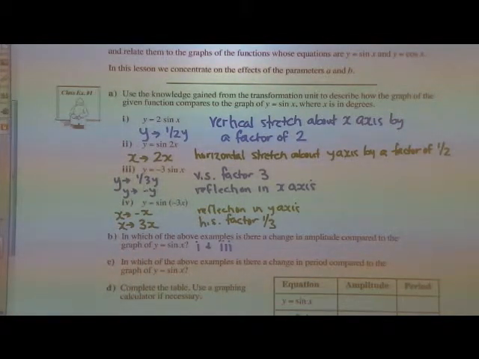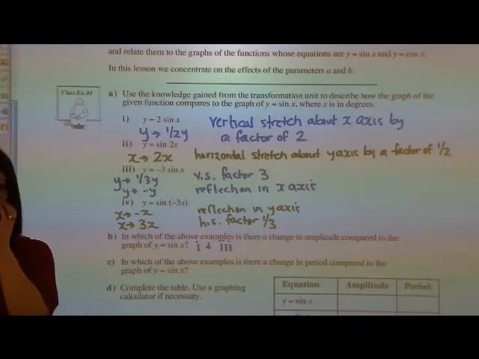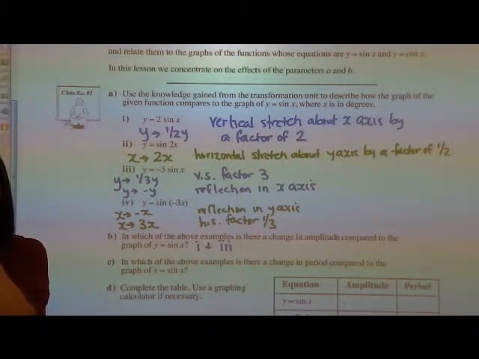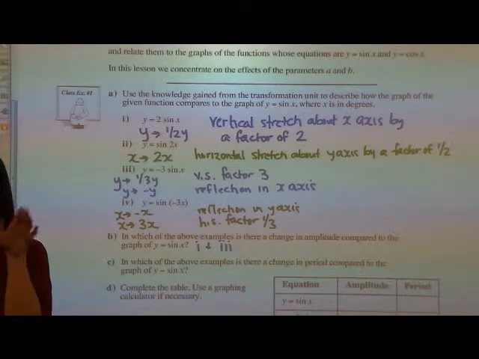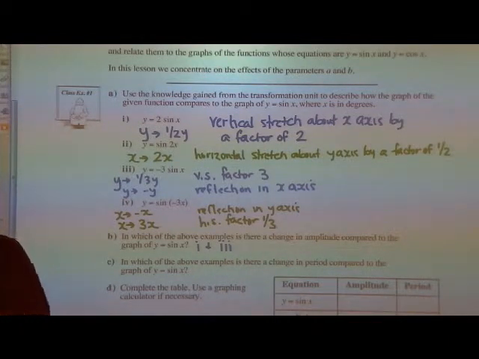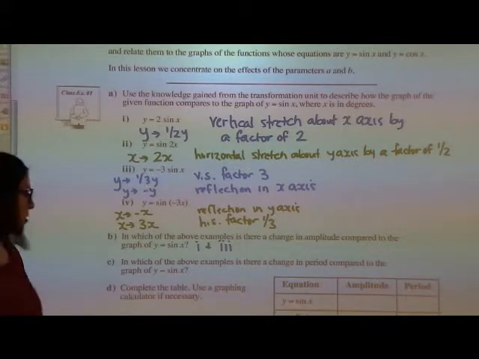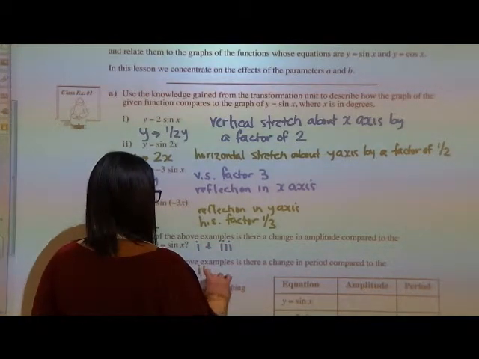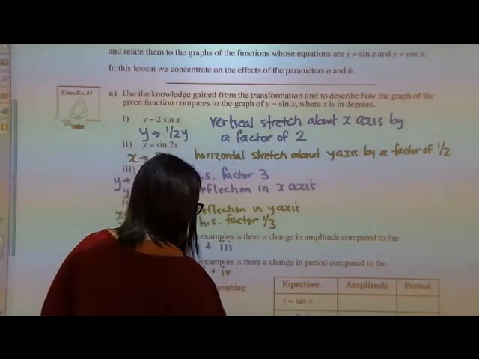Which examples are going to affect the period of the graph? What's the period? The time it takes for the graph to repeat itself. So what's going to impact the period? A horizontal stretch. So that's 2 and 4.